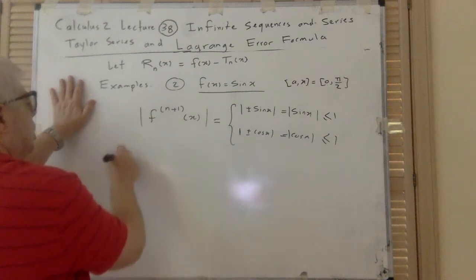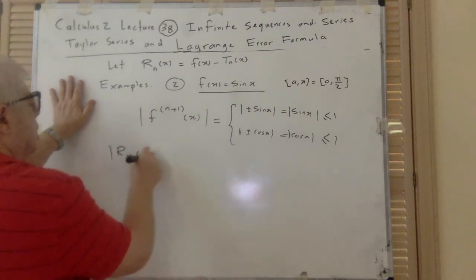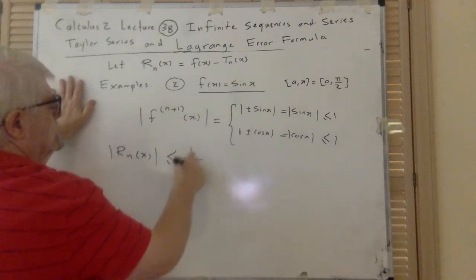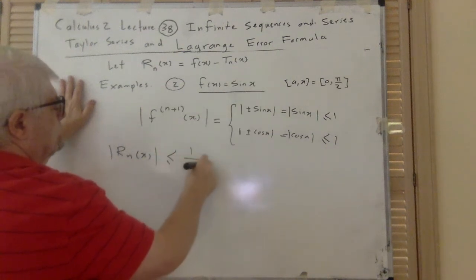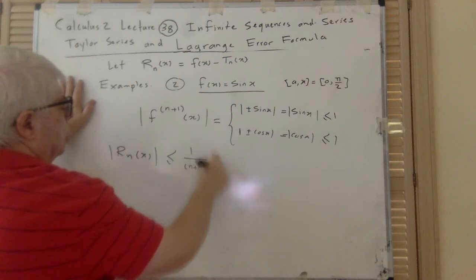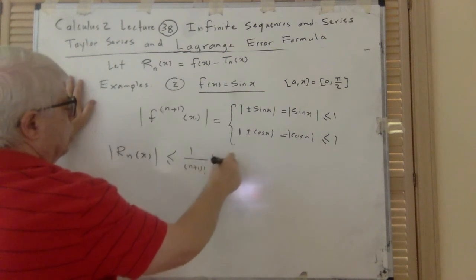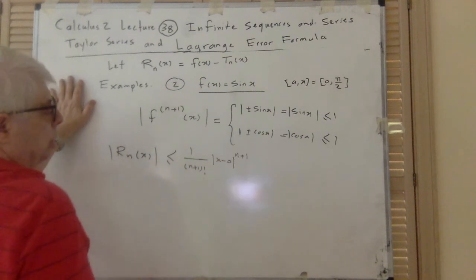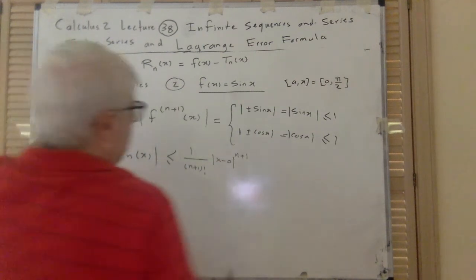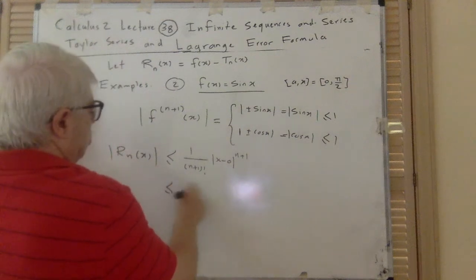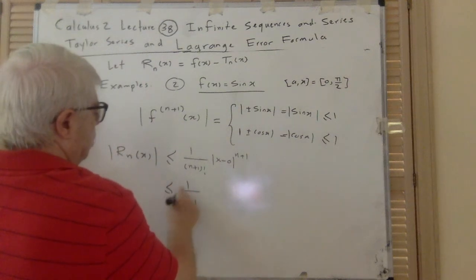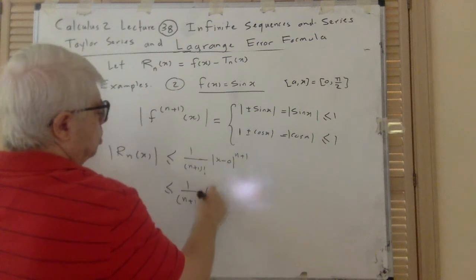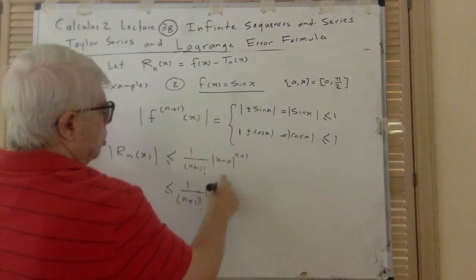So R n of x in that region will be less than or equal to 1 over n plus 1 factorial times the absolute value of x minus 0 to the n plus 1. So it is 1 over n plus 1 factorial, and this is simply pi over 2 to the n plus 1.